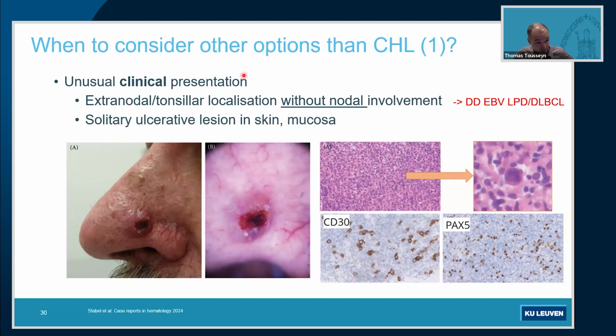Particularly if you have a solitary ulcer on the mucosa or on the skin in a patient being treated with methotrexate, you can see nice cells that resemble Reed-Sternberg cells, but are of course Hodgkin Reed-Sternberg-like cells. They can express CD30, they can express IMP3, they express EBV, of course, but know that if you don't have any nodal involvement, the diagnosis of Hodgkin is to be questioned.